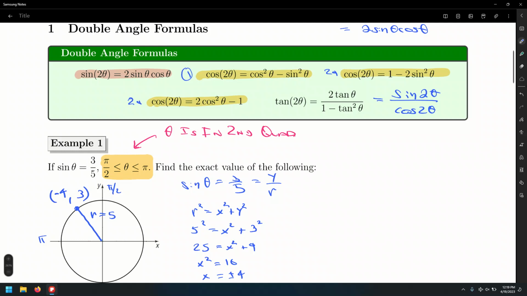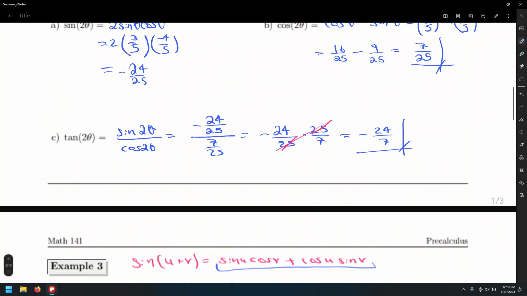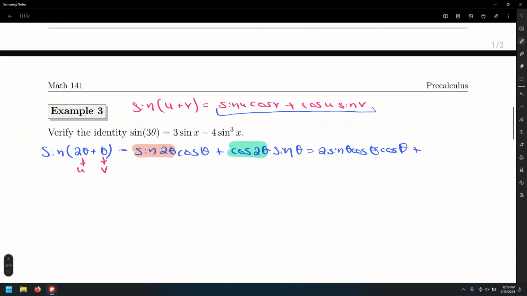Those 2 secondary identities are the result of rearranging this one by using the Pythagorean identity. So let's use 2a. So this will become 1 minus 2 sine squared theta times cosine theta.